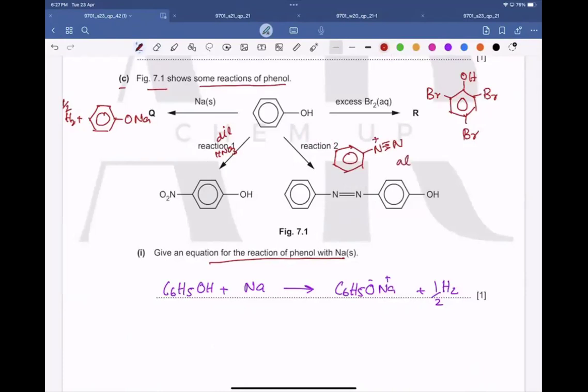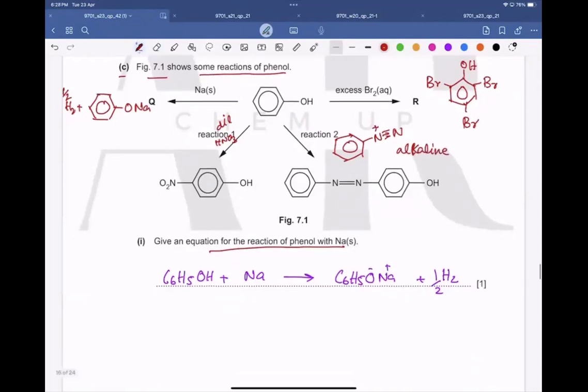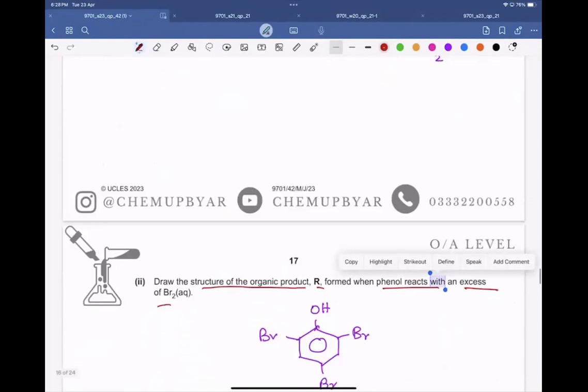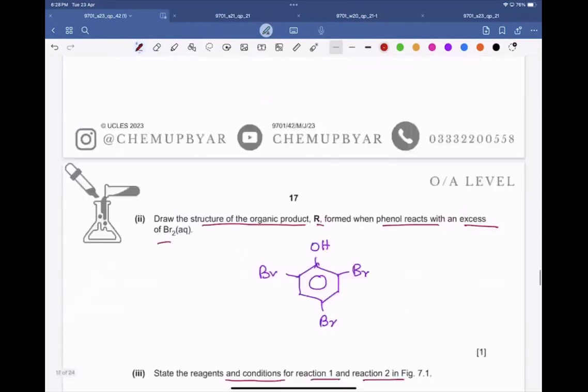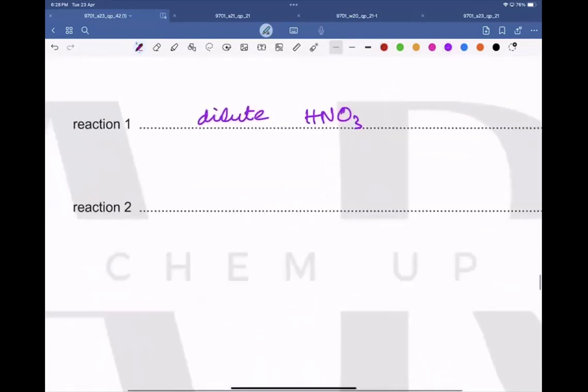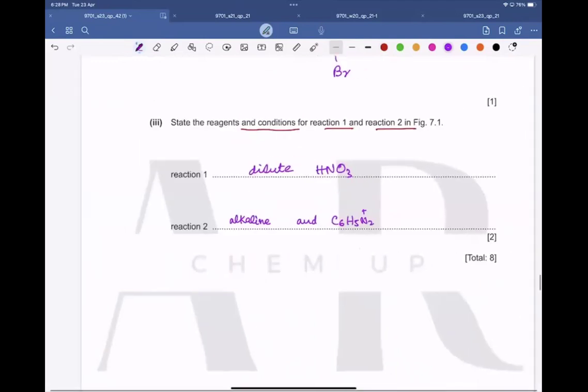And that diazonium ion is used in alkaline condition, or with sodium hydroxide. So for reaction 2, we are going to use alkaline and C6H5N2 positive.